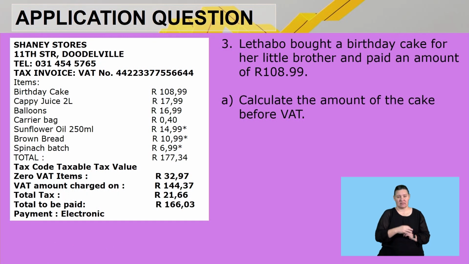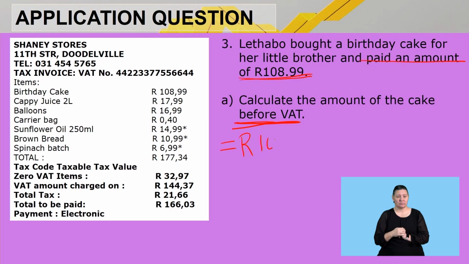Right, number 3. Lithabo bought a birthday cake for her little brother and paid an amount of 108.99. Calculate the amount of the cake before VAT. This is the price that she paid, but there's an amount before VAT, which we call the VAT exclusive amount. So she paid 108.99, and we need to find the amount before VAT.